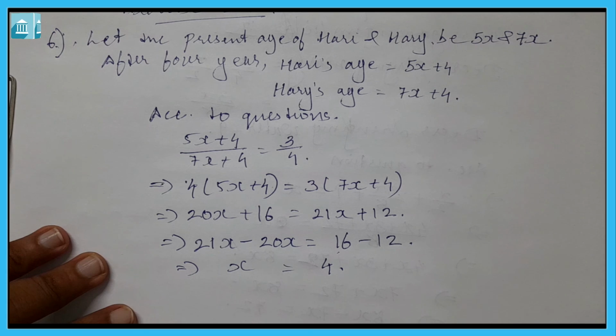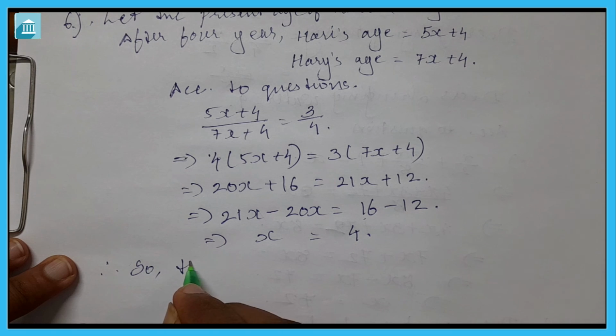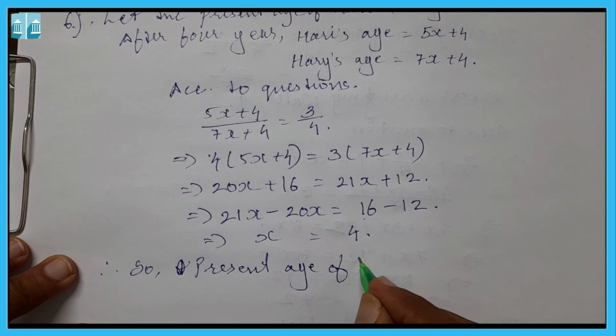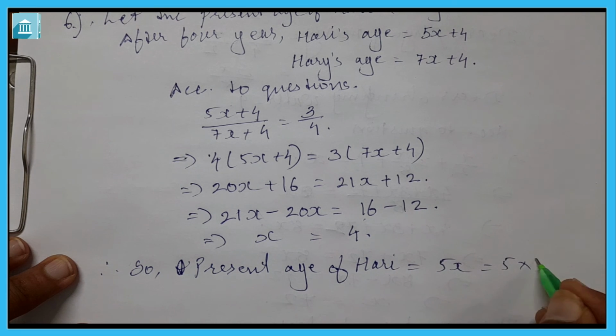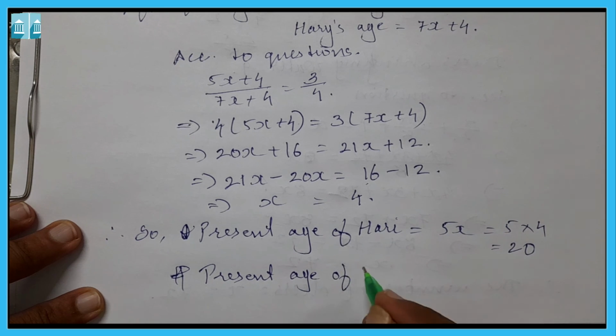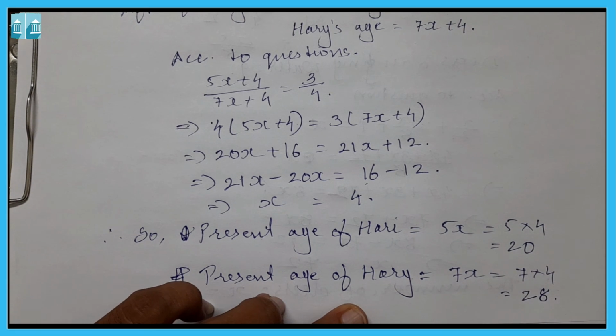Now the present age of Hari is 5x, which is 5 into 4, that is 20, and the present age of Harry is 7x, which is 7 into 4, that is 28.